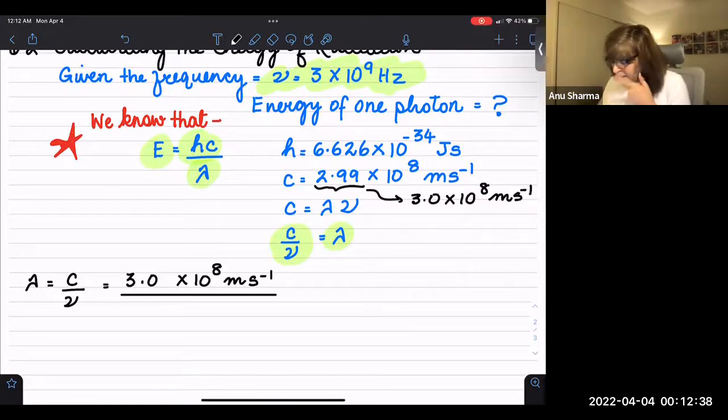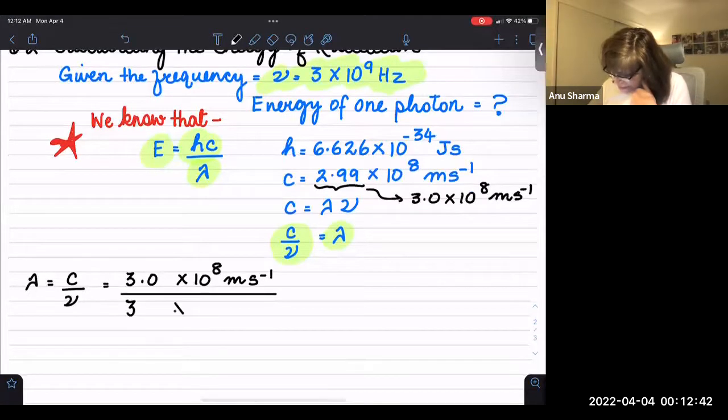Next is over the frequency, which is 3 into 10 to the power 9 hertz. Remember that the hertz can also be written as seconds inverse. So 3 into 10 to the power 9 per second.